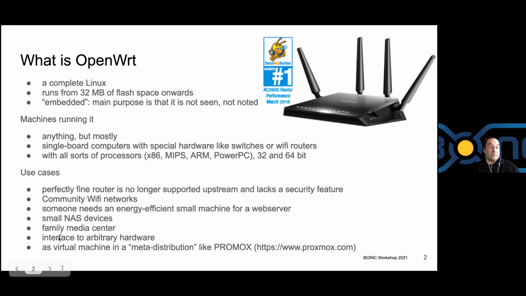Like you can attach any hardware to it. It's basically running all the time anyway. And you see it often in meta distributions like Proxmox that takes any small Intel machine, and has a series of virtual images ready that you can then install for different tasks, much like those that I've just listed.